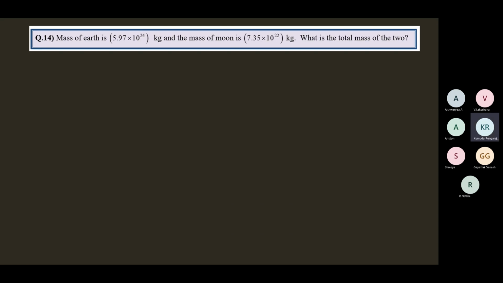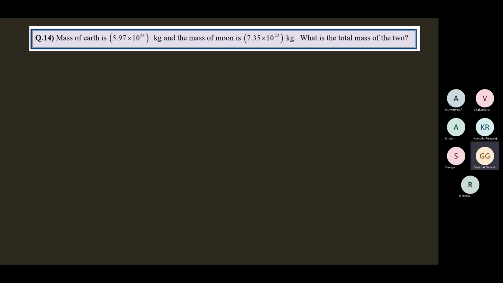Yeah. Look at this question. Mass of Earth is 5.97 into 10 to the power 24 kilograms, and the mass of moon is 7.35 into 10 to the power 22 kilograms. What is the total mass of the two? Now, what operation will you use here? Addition, subtraction, multiplication, division. What operation will you use here?